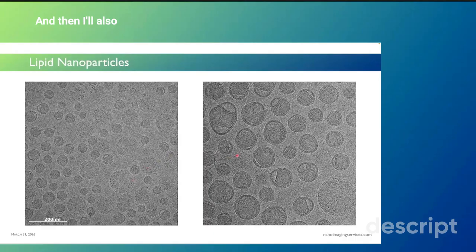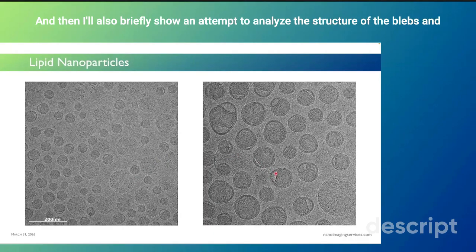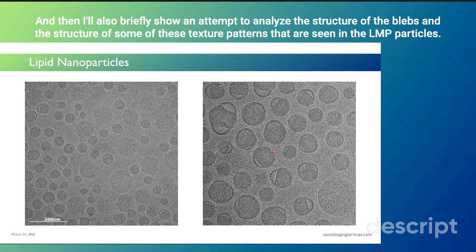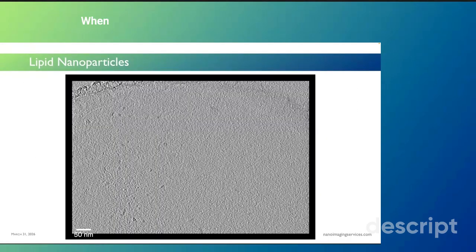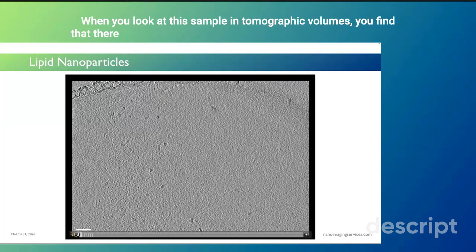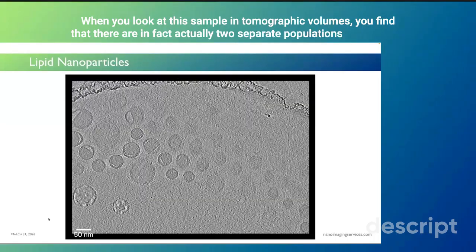And then I'll also briefly show an attempt to analyze the structure of the blebs and the structure of some of these texture patterns that are seen in the LNP particles. When you look at this sample in tomographic volumes, you find that there are in fact two separate populations of particles.